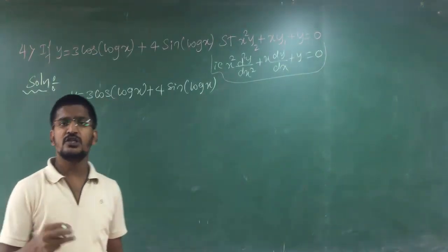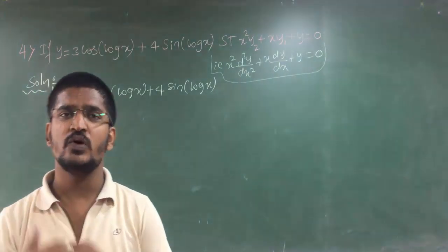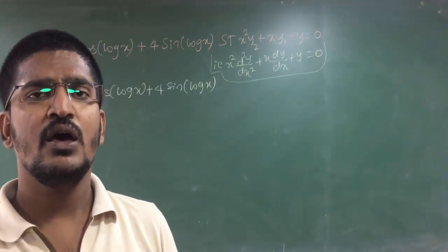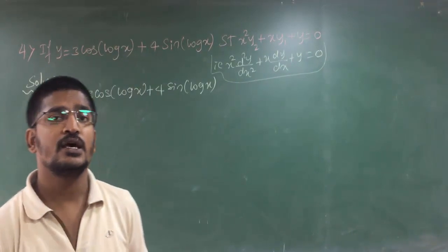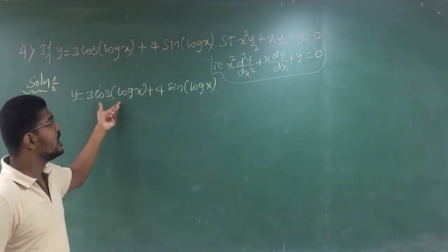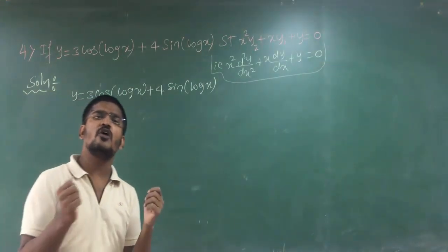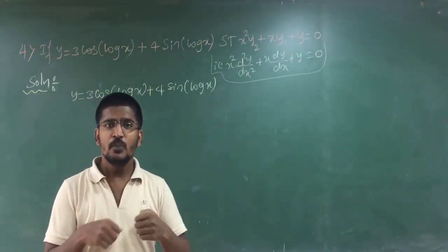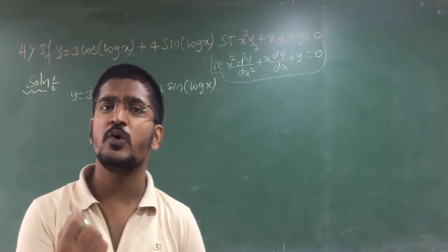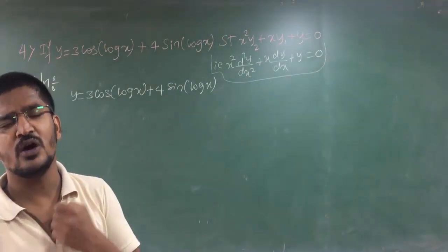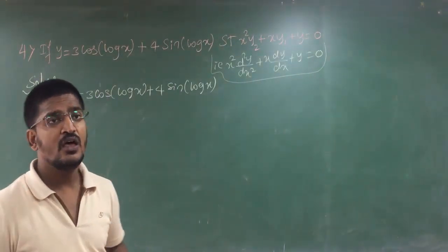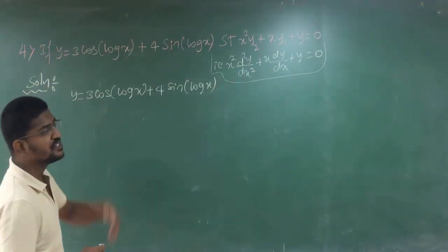See, composition of two functions is different. Exponential function is different. Product of two functions is different. Clear? So in the form of composition, you have to apply chain rule. In the form of product, you have to apply product rule. In the form of exponential, I will explain later. You have to apply logarithmic rule. Clear? So for that reason, let us differentiate this.